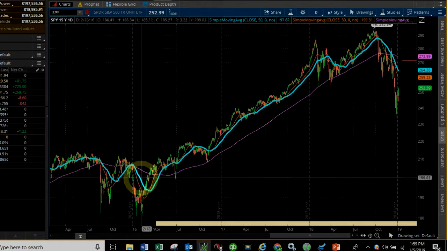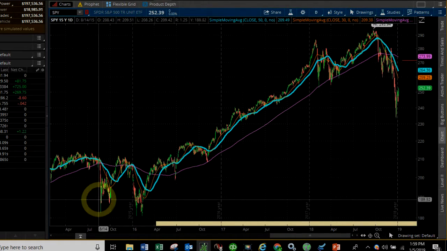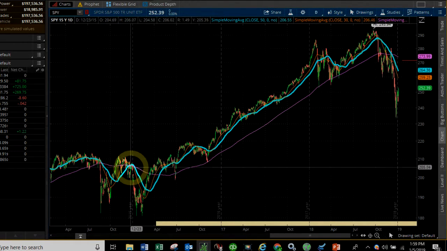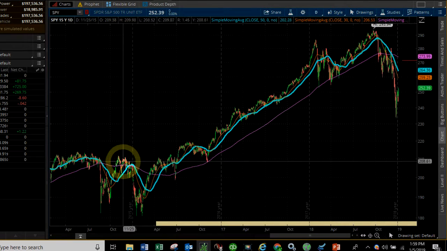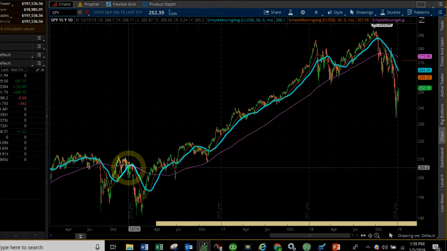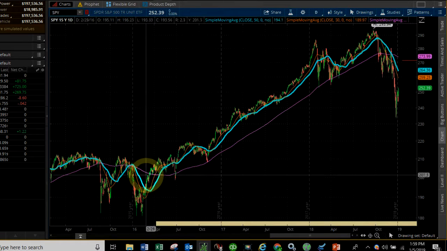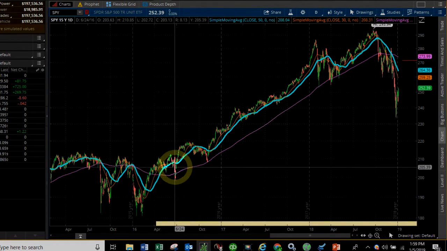Best way to look at this, I think, is let's go back and look at it here. Let's say you were looking at getting in Facebook. It breaks the 200-day moving average, pulls back, but it doesn't bounce. So you could have got in right here and then bounced and then sold out. And then it hits, and that's resistance, comes down, breaks here, runs up, so you're not in yet, but then let's say you get in right here.